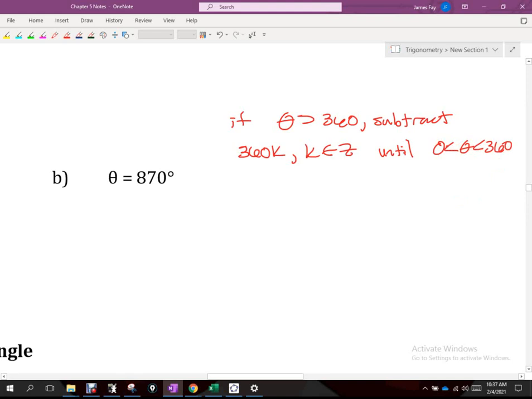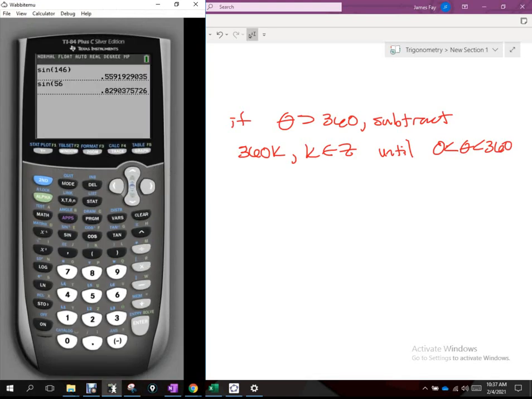So if k is an integer, it means it's going to be 1, 2, 3, 4, whatever. Basically what that says is that you're going to subtract multiples of 360 until you get a sum that is between 0 and 360.